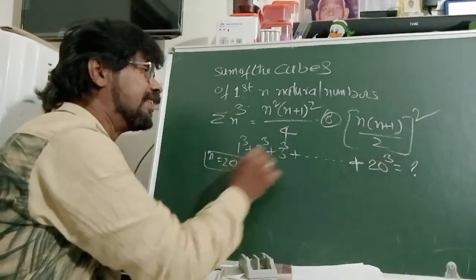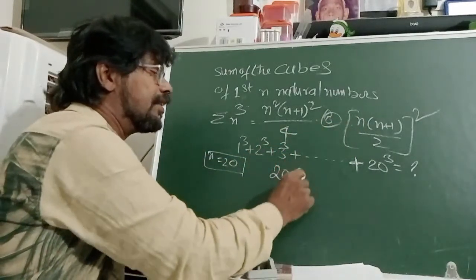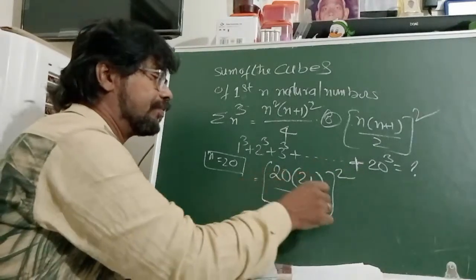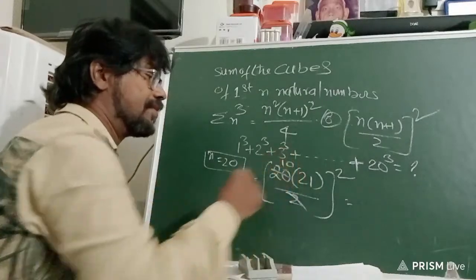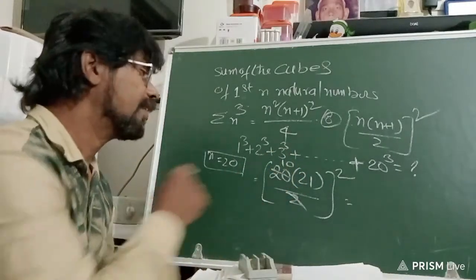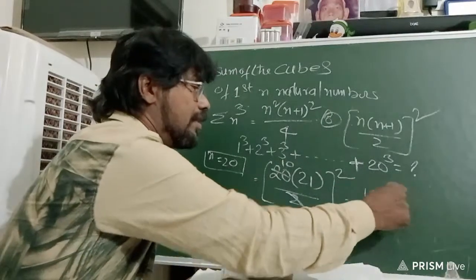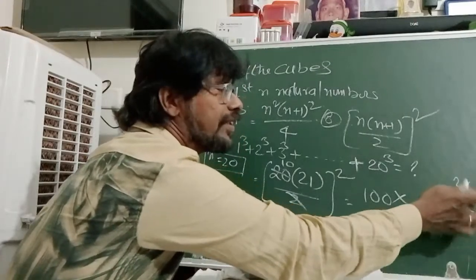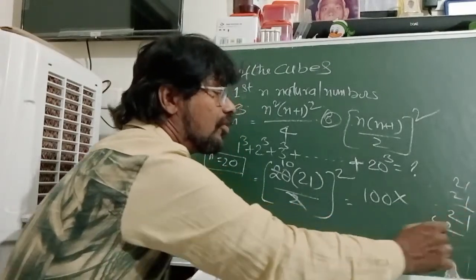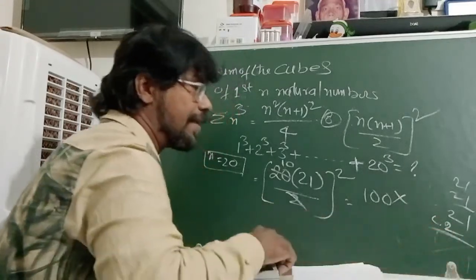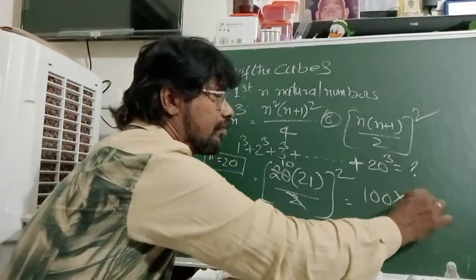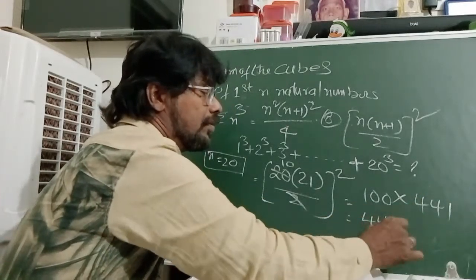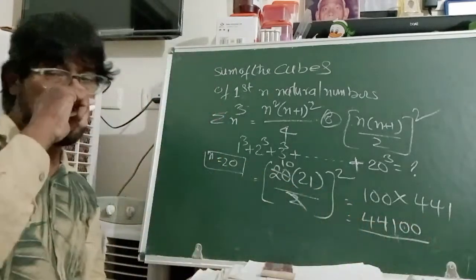So n is 20, into 21 by 2 whole square. That is equal to 10 times 10, square 100, 21 square. So 21 square should be 441. That is equal to 44100. This is the answer.